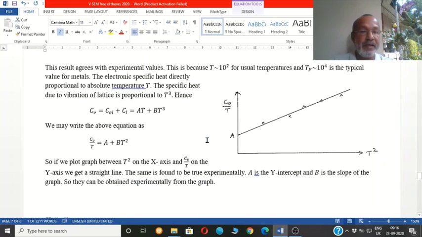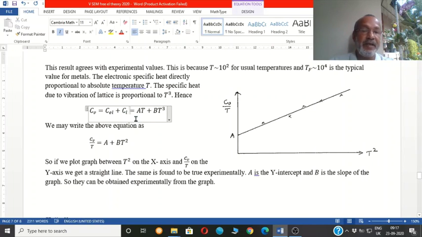So that is written here. The total specific heat of the metal can be written as specific heat due to electrons and specific heat due to ions or lattice. Ions can vibrate about their equilibrium position and produce a contribution to the specific heat. You will study those vibrations in another unit of solid state physics.